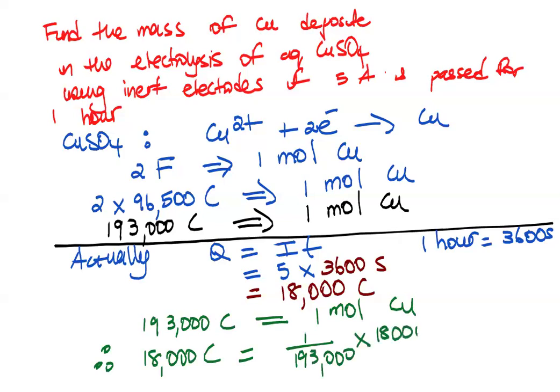And I bring down the moles. Moles of copper is equal to how many moles? 193,000 is for 1 mole. So 18,000 will be 18,000 over 193,000 moles. Tell me here if that is correct. Who agrees? Right, how much are we getting?